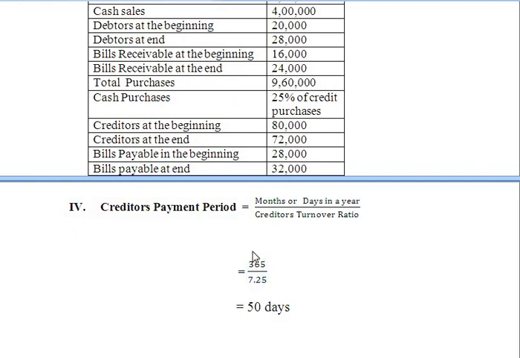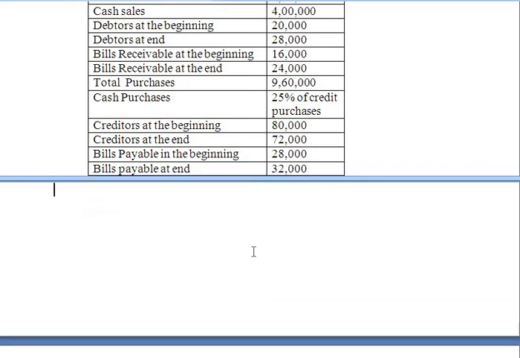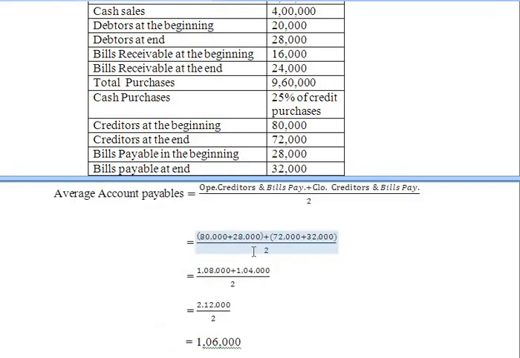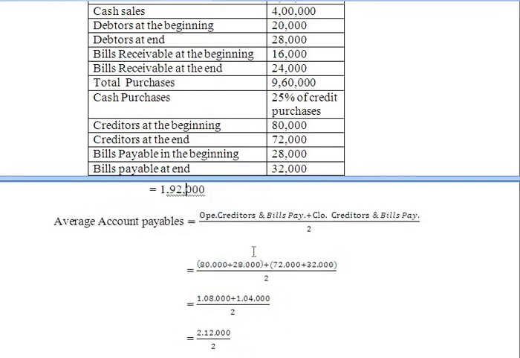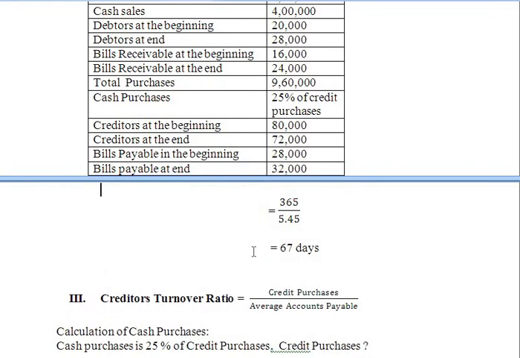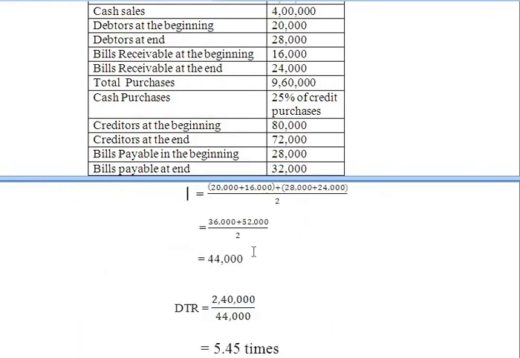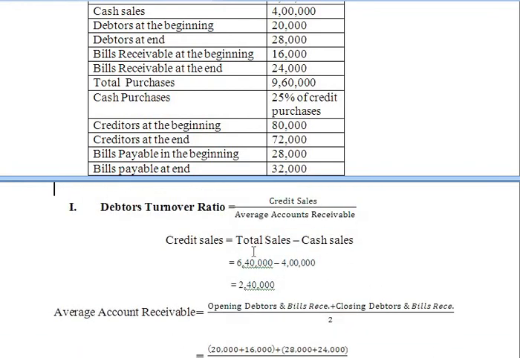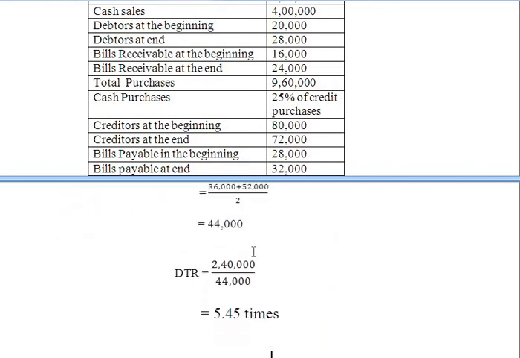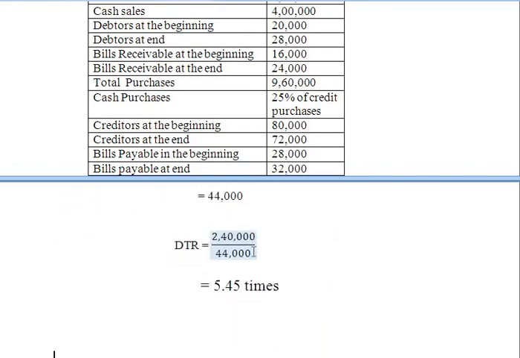I hope you understood the calculation of all the ratios. Which ratios did we calculate today? Debtors turnover ratio, debtors collection period ratio, creditors turnover ratio, and creditors payment period ratio. The debtors turnover ratio is 5.45 times.